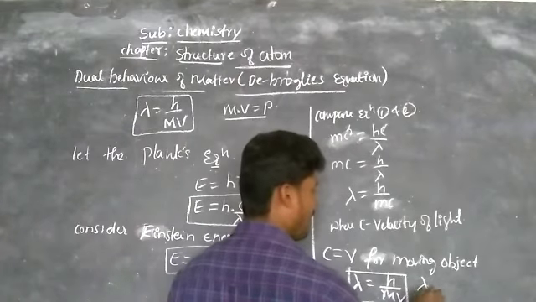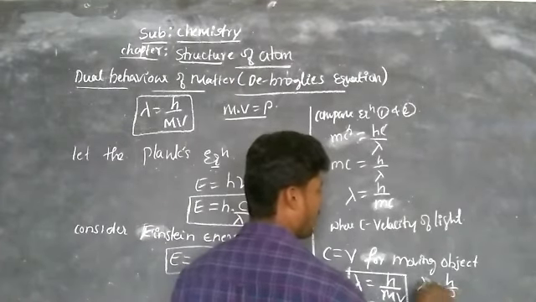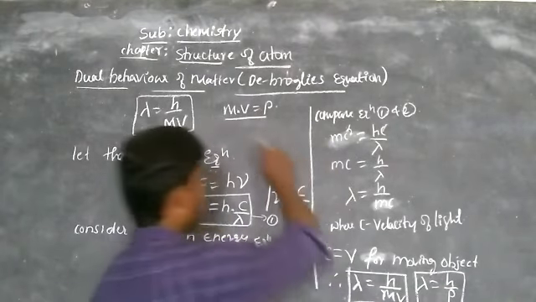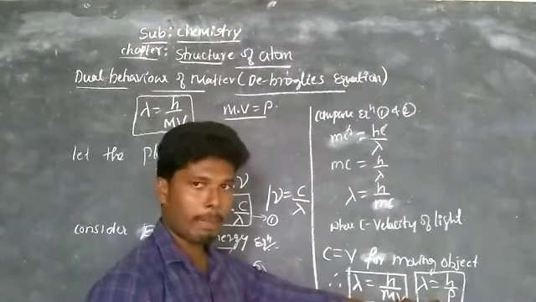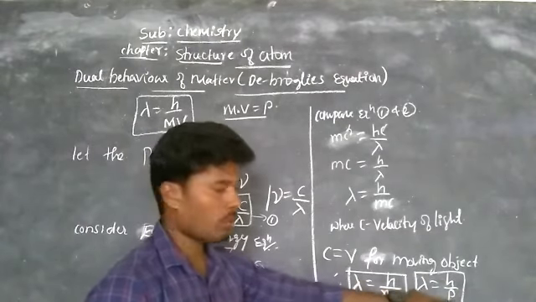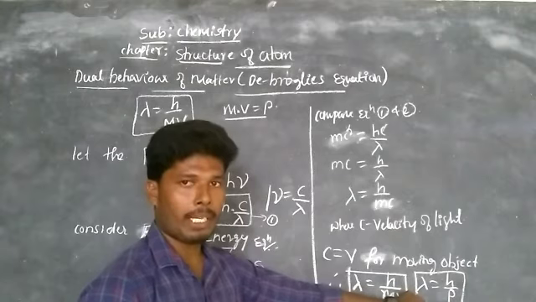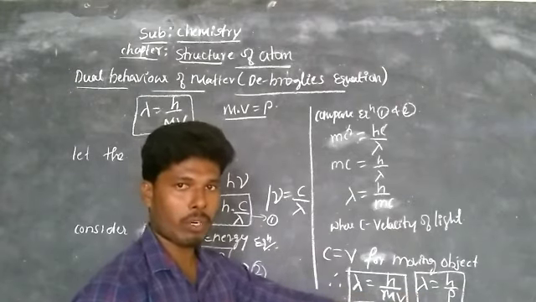That can also be written lambda is equal to h divided by p, where p is what? m into v. In the beginning only I told you, lambda is equal to h divided by p, where h is Planck's constant and p is the momentum of an electron or moving object.